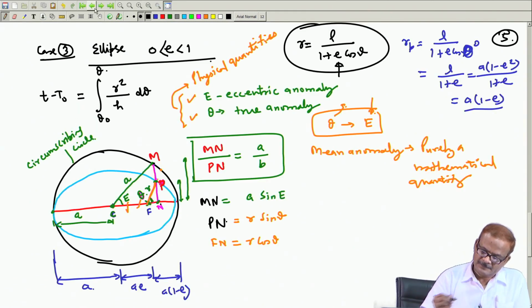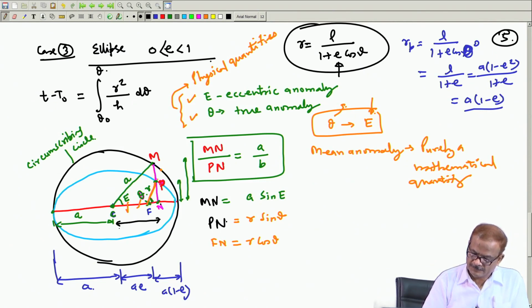Similarly, this quantity from this place to this place is known to us.